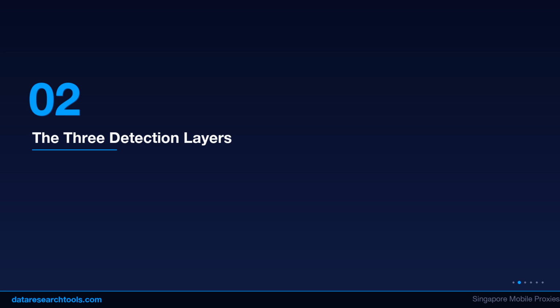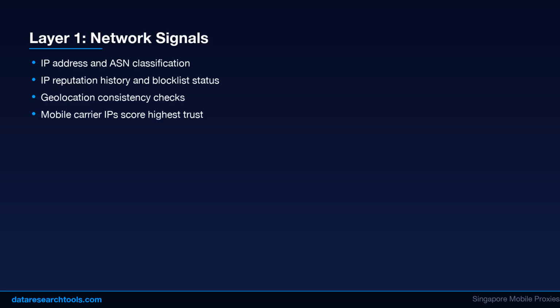They are the same networks serving millions of real smartphone users every single day. When your request arrives from a mobile carrier ASN, the network signal layer starts in a high-trust state. The detection system has to rely much more heavily on the other layers, browser signals and behavioral signals, to decide whether to challenge you. That's the core mechanism why mobile proxies generate fewer CAPTCHAs than data center proxies on the same target.